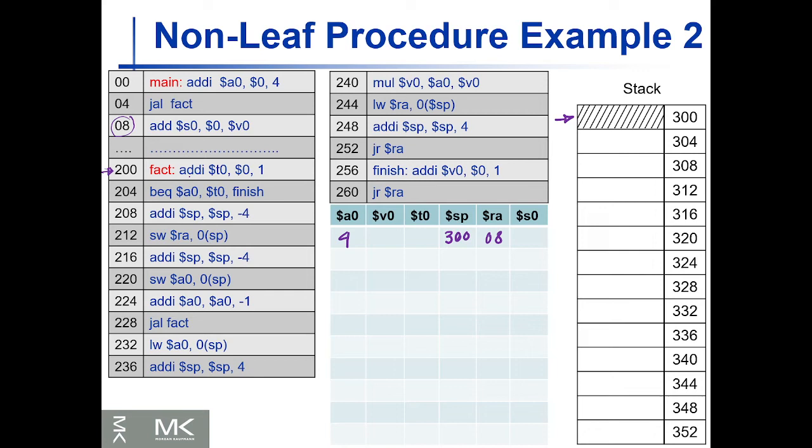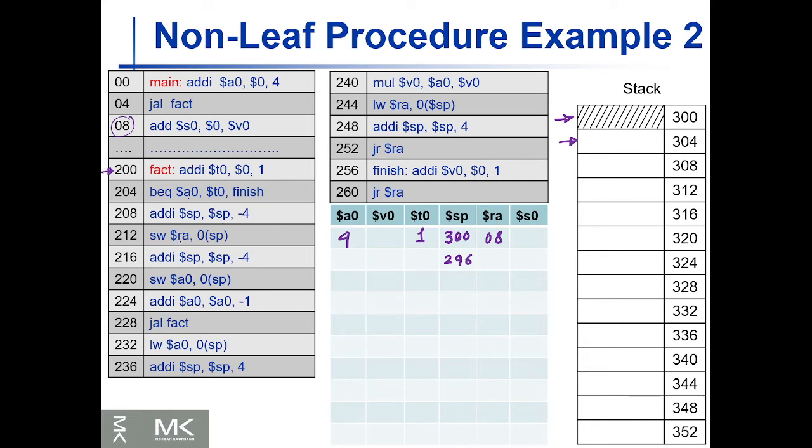In fact, addi T0 0 1, so T0 will become 1. Branch equal A0 T0 finish. Does 4 equal to 1? No, so we will not go to finish. We're gonna continue. Addi SB minus 4, so this will be 296. Now the stack is pointing to that location.